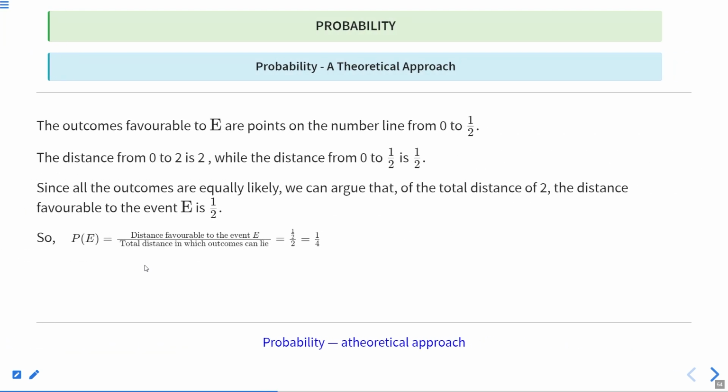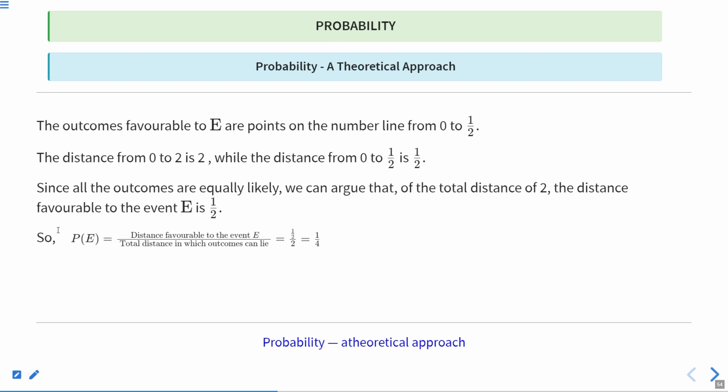Here the outcomes favorable to E are points on the number line from 0 to 1 by 2. The distance from 0 to 2 is 2, while the distance from 0 to half is half. Since all the outcomes are equally likely, we can argue that of the total distance of 2, the distance favorable to E is 1 by 2.